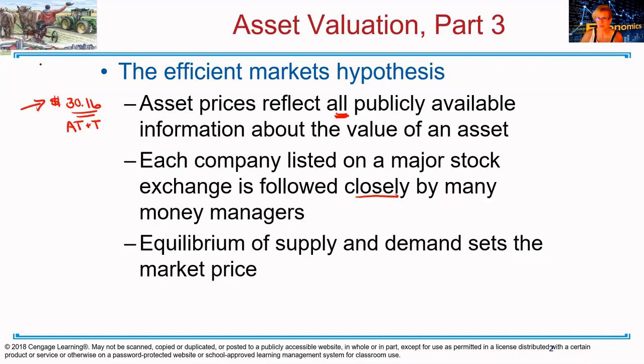Therefore, having a tip, inside information, and those things don't happen in the efficient market hypothesis. Now, again, there might be insider trading and illegal things happening, true, but there's no way to corner this market because all of the publicly available information is already in the $30.16.